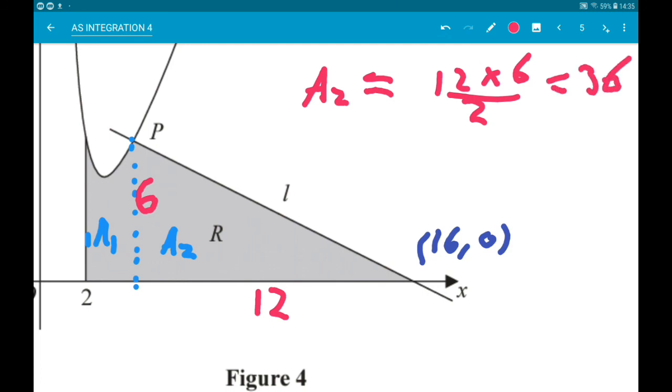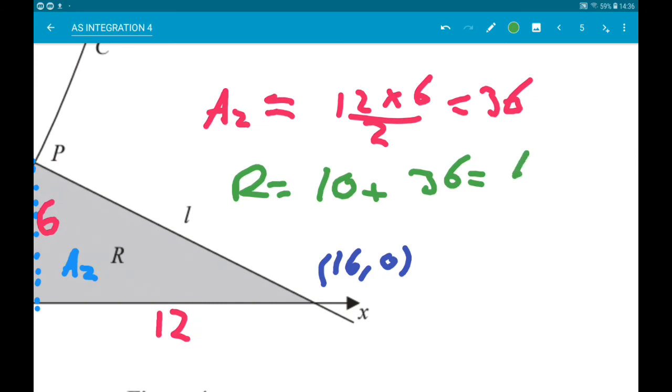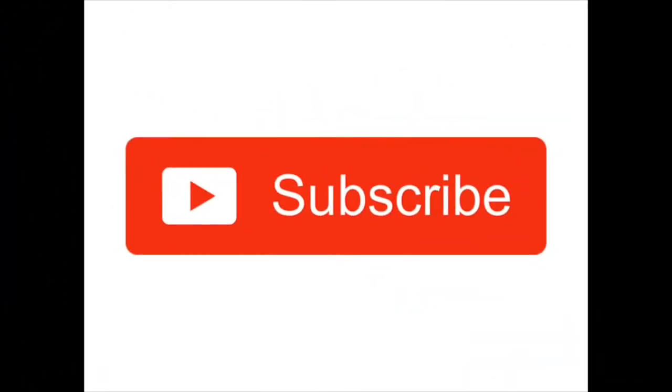So then finally R is 10 add 36, which is indeed 46. Boom.